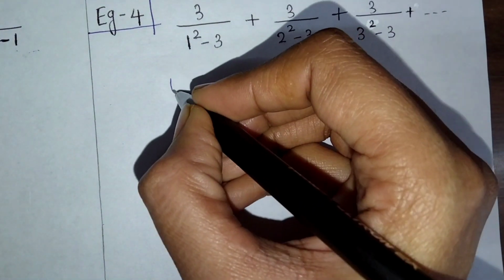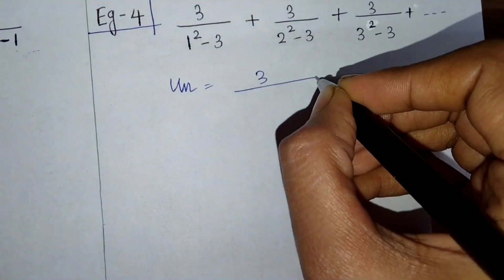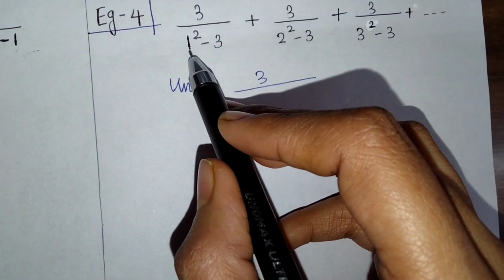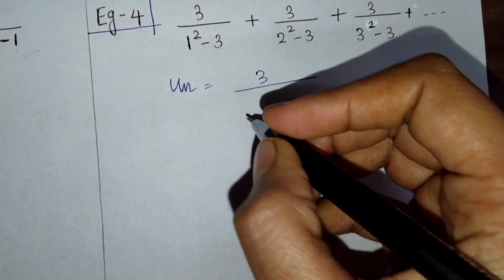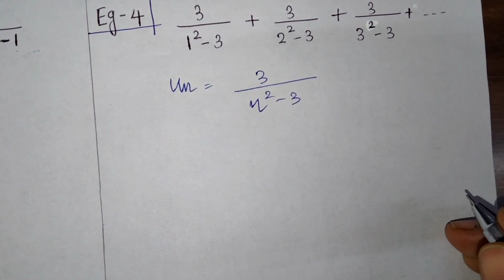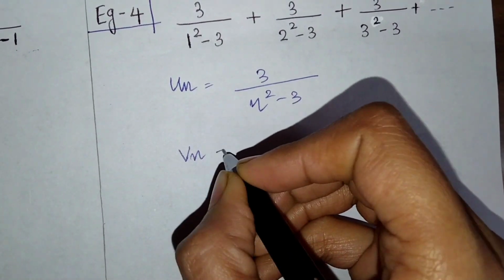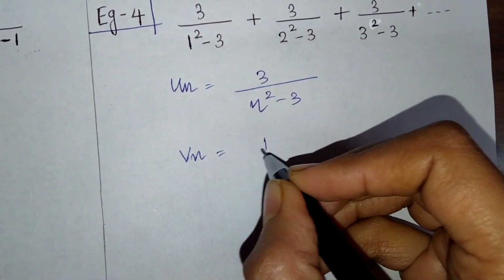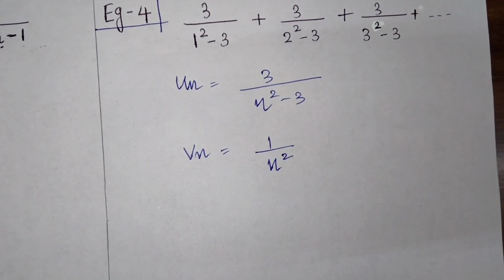Our Un will be, 3 is constant in the numerator part, so we will get 3, and here n square terms are there, 1 square, 2 square, 3 square, so we can write n square minus 3 in the denominator part. So we got Un. And now Vn will be the n terms, so here we have 1 by n square. Our Vn is 1 by n square.